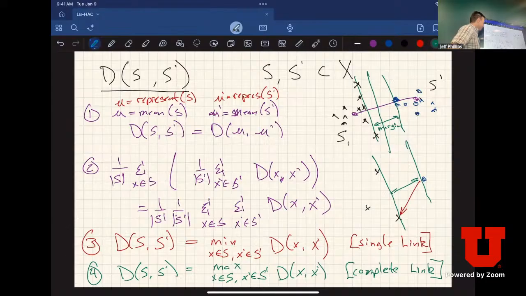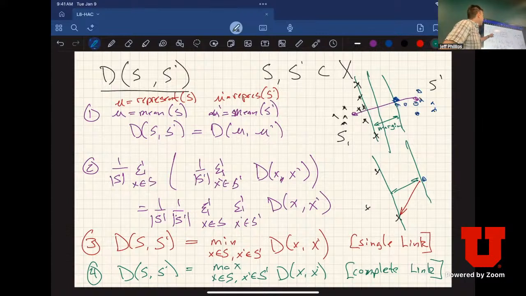Okay, and so these give different ways of modeling this here. There are even other ways to do this. I could say I want to measure the distance based on what if I put them all together, and I want to see what is the average distance to the mean after I put them in one set.